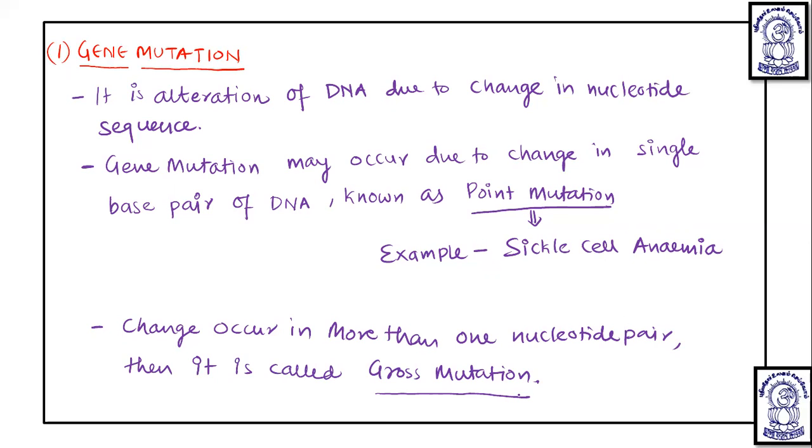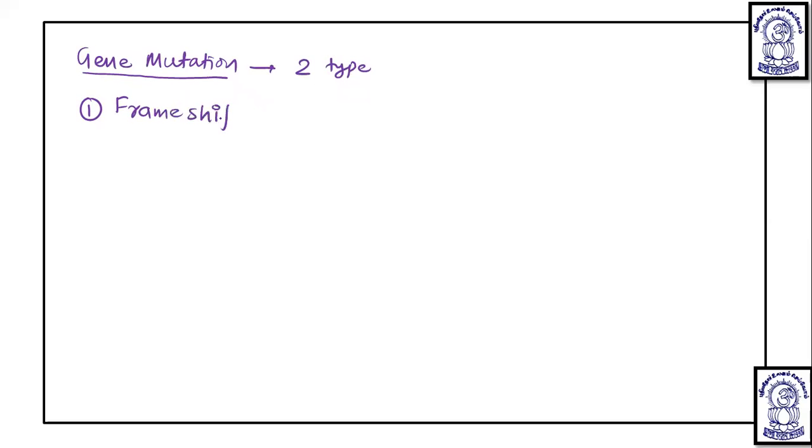Now further, this gene mutation is divided into two types. Number one, frameshift mutation.